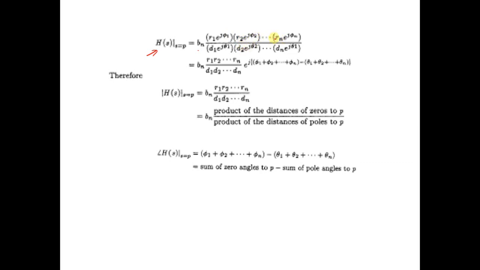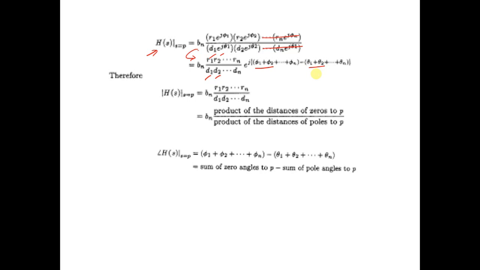Let us ignore the other part, because in the previous slide we have two poles and two zeros. You can generalize the thing at a later stage. Now, r1 e to the power j phi 1, r2 e to the power j phi 2 divided by d1 e to the power j theta 1, d2 e to the power j theta 2. If you solve it, you can take out the real components, and you get r1 r2 divided by d1 d2. And the angle components become e to the power j (phi 1 plus phi 2 minus (theta 1 plus theta 2)).